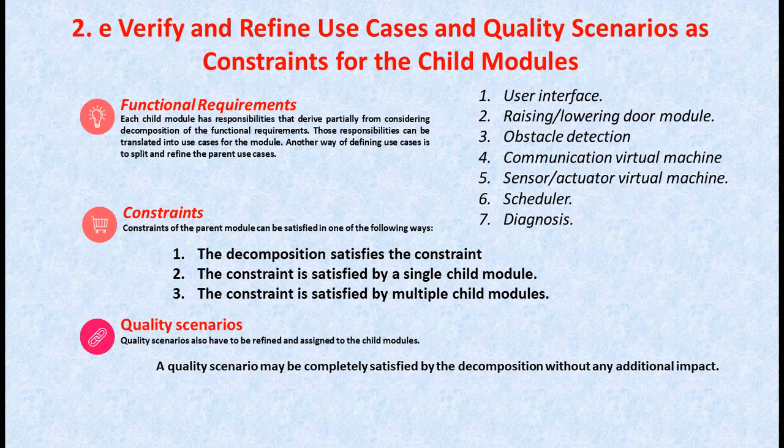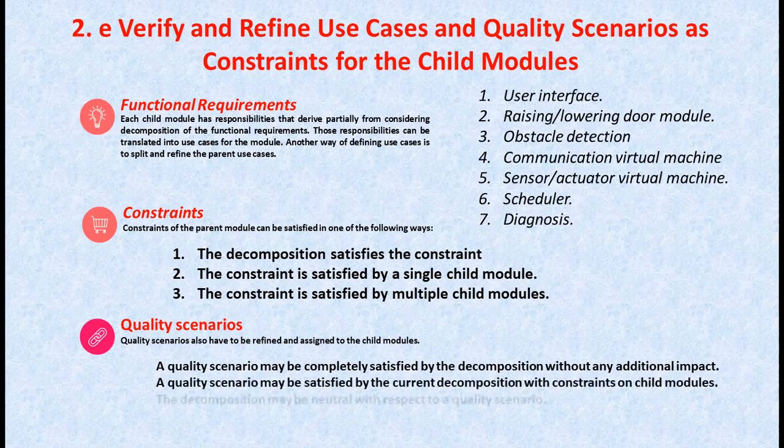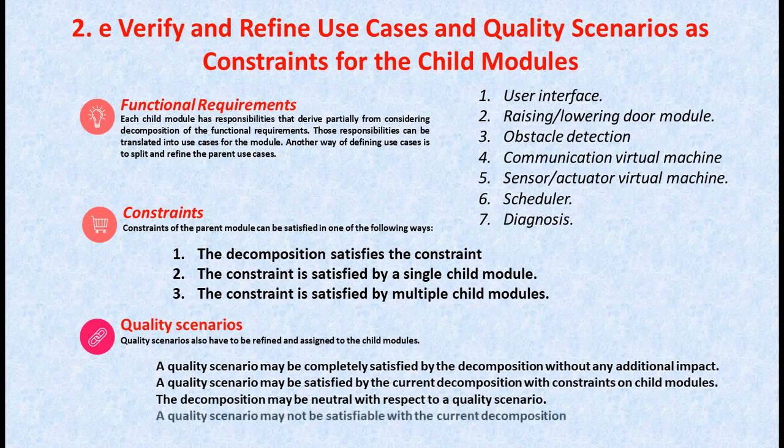Or a quality scenario may be satisfied by the current decomposition with constraints on child modules, or the decomposition may be neutral with respect to the quality scenarios, or a quality scenario may not be satisfiable with the current decomposition. If it is an important one, then the decomposition should be reconsidered. Otherwise, the fact that the decomposition is not supporting the scenario must be recorded.